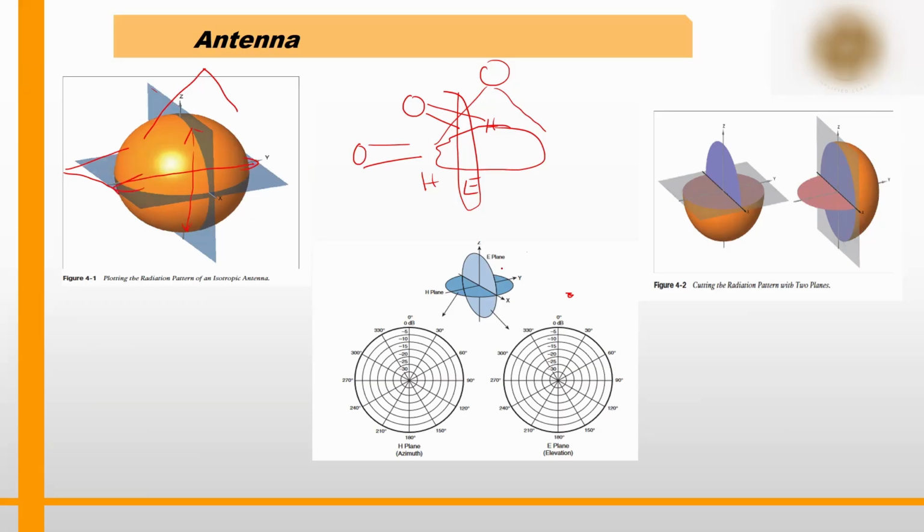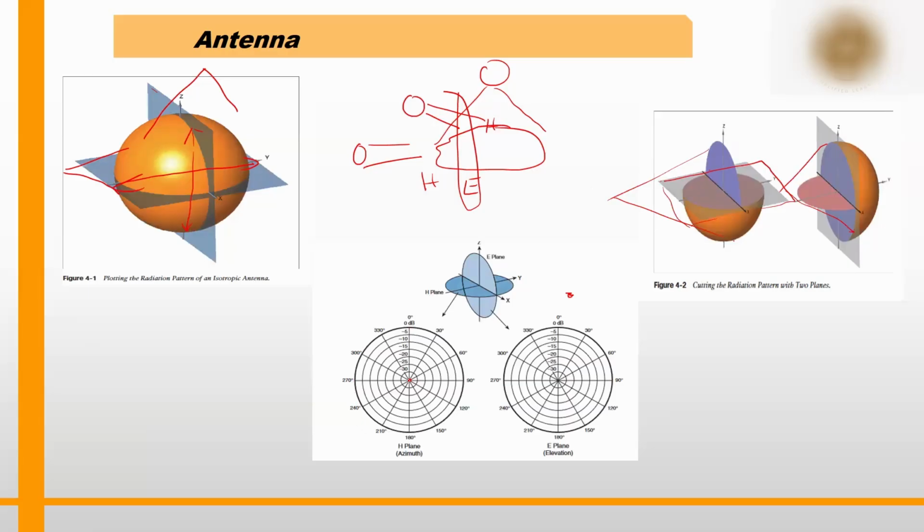This will be more clear in this picture. You can see this is the H plane, horizontal like this. When you're looking from here, vertical, it will be like this. This is the H plane, and this is the E plane. You can see the rings over here.